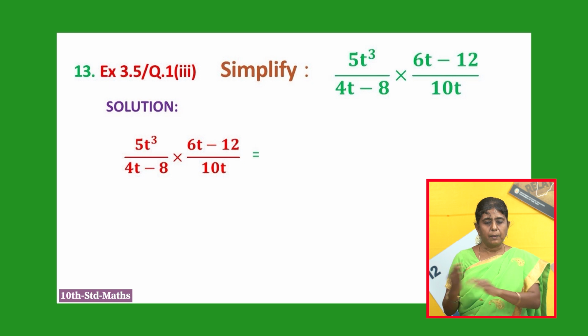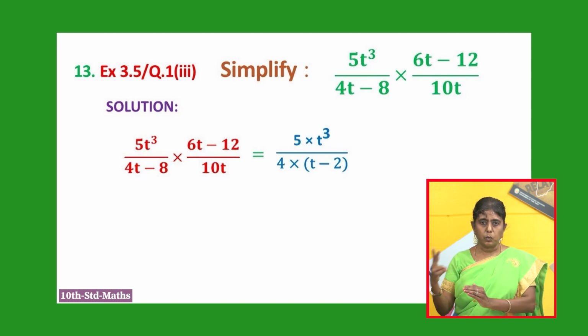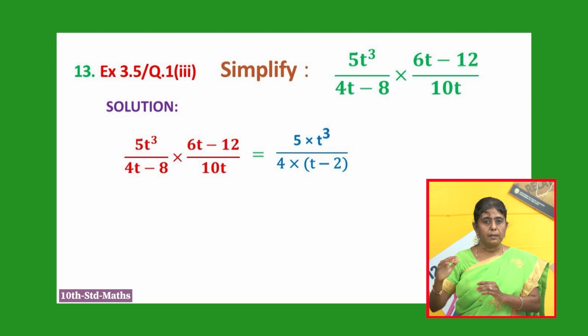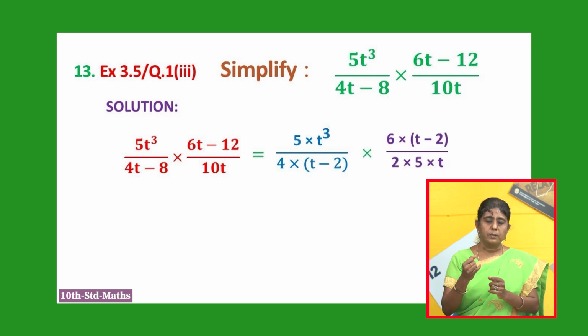If we take 4 as common, what is remaining inside the bracket? T minus 2. In the second rational expression, what is there in the numerator? 6t minus 12. So 6 is common, that 6 can be taken out. Now remaining t minus 2 should be in the bracket. In the denominator 10t is there, that we can write 2 into 5.